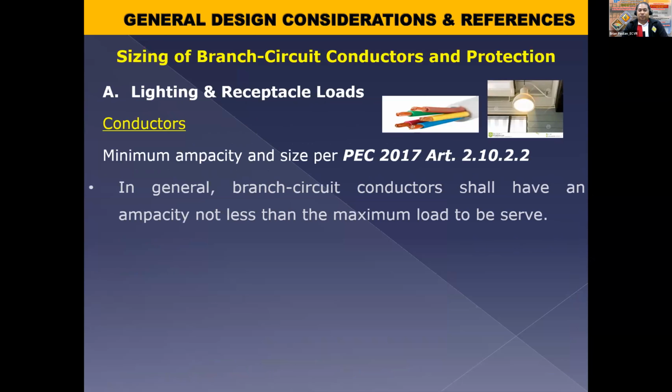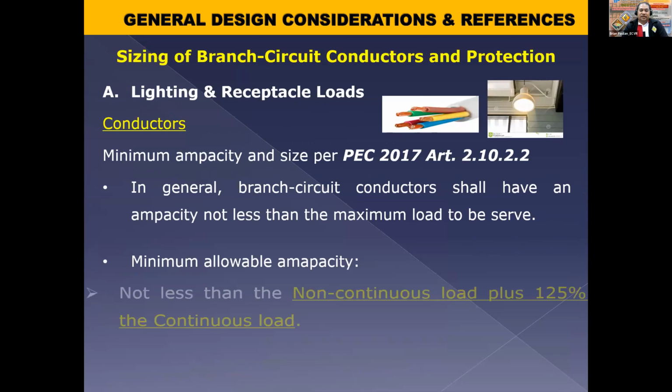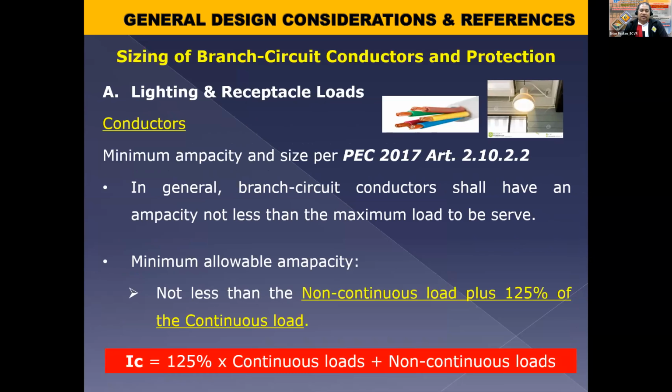So as per this article 2.10.2.2, the minimum allowable ampacity of our conductors or our circuit should be not less than the non-continuous load plus 125% of the continuous load. We know already what a continuous load is: equipment operating for 3 hours or more.